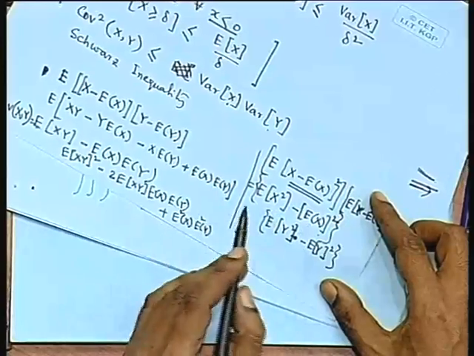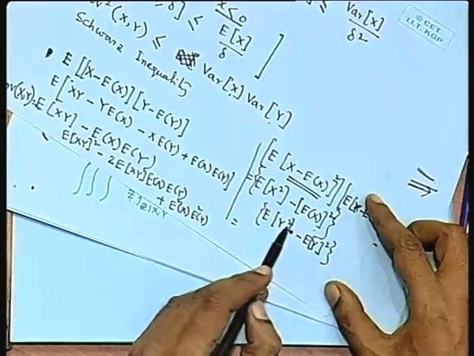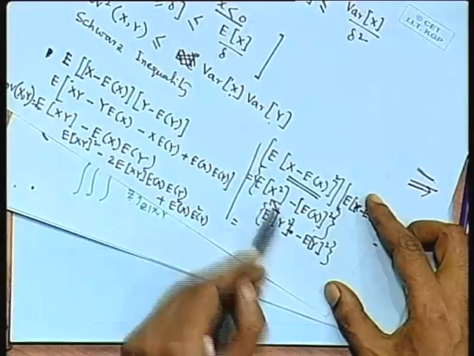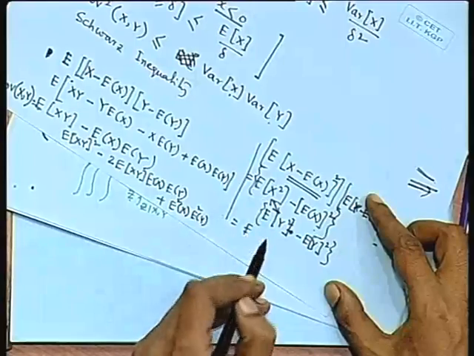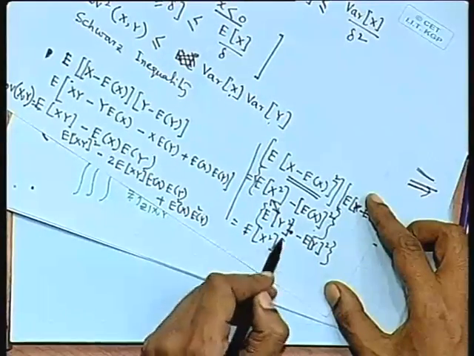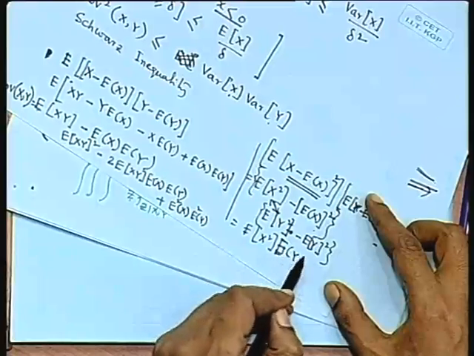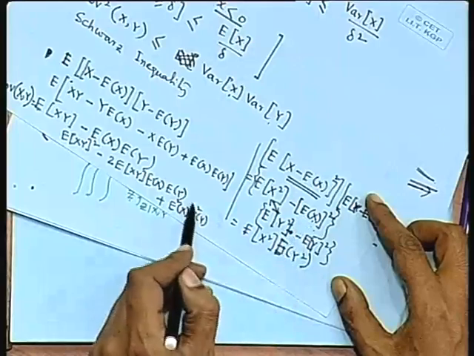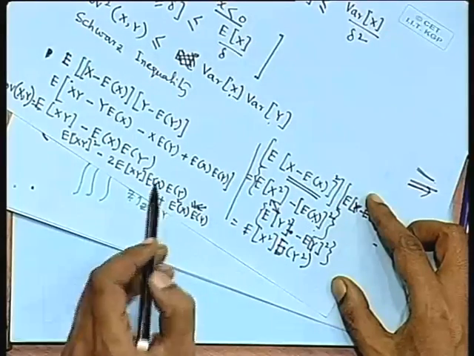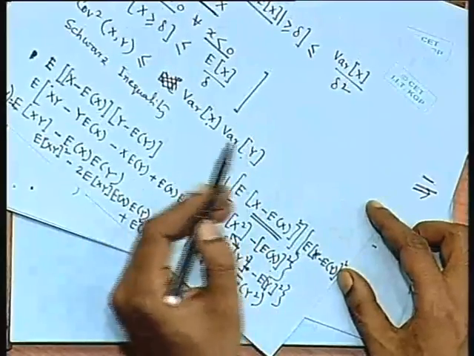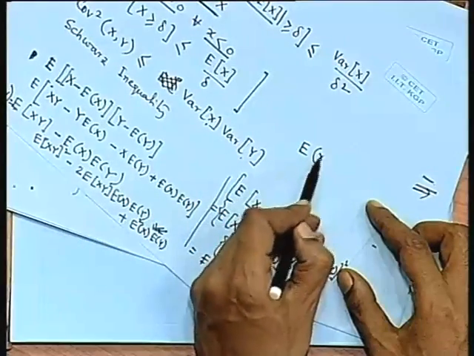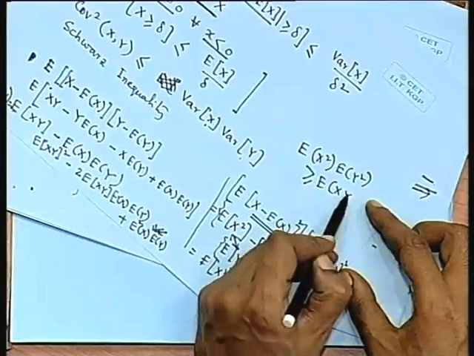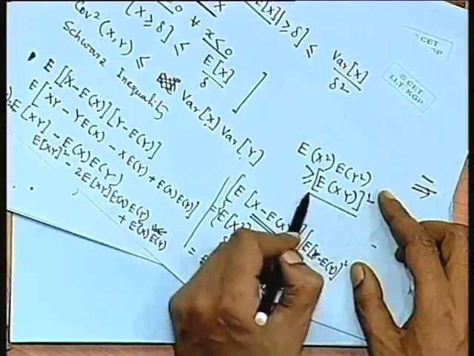And here, if you multiply, you will get expectation of x square into expectation of y square, and expectation of x whole square into expectation of y whole square. So this term will get cancelled with this term, and always note that expectation of x square into expectation of y square is greater than or equal to expectation of xy whole square. This is obvious.